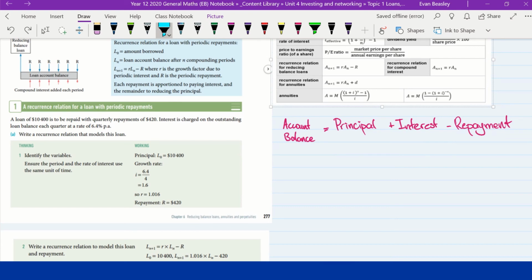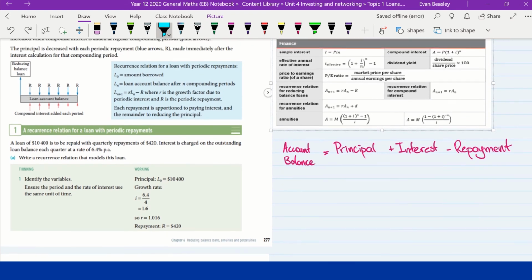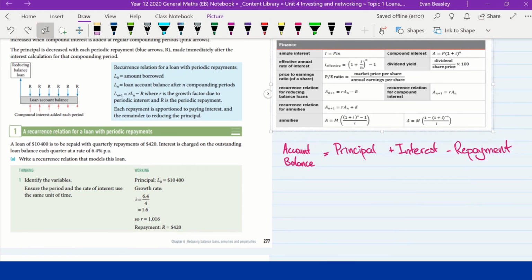We'll just use the terminology from the textbook here, and we'll also compare it to the appropriate one in your formula book. In your formula book, the recurrence relation for reducing balance home loans is the amount after a number of years equals the rate times the amount at the year beforehand, minus the repayment.